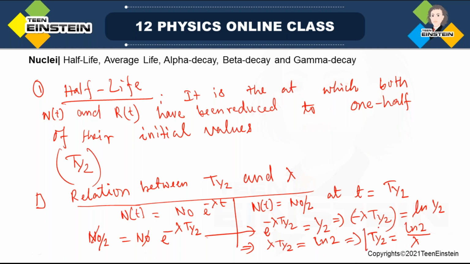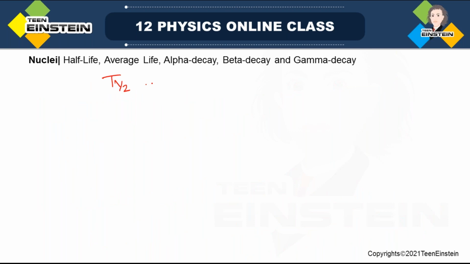This is the relationship. ln 2 has a value of 0.693, so t half is equal to 0.693 divided by lambda. This is the relationship between t half and lambda, and you have to remember this formula. If lambda is given, you can find out the half lifetime.